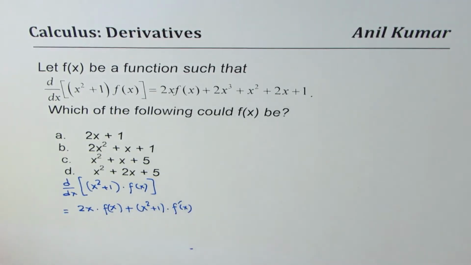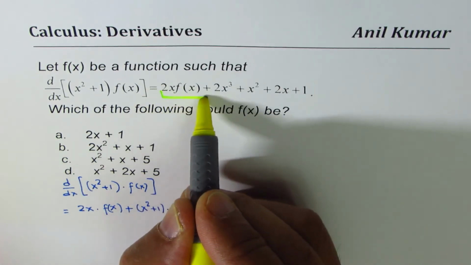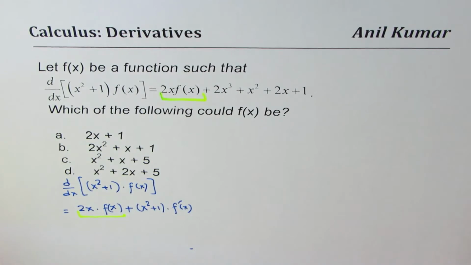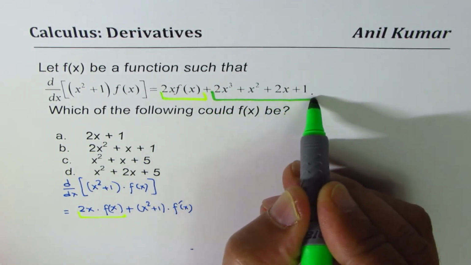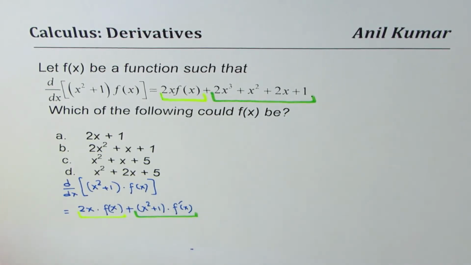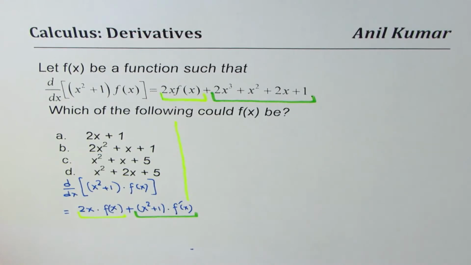Now if you compare what we have here, the first part is the same. The second part, which is this, should be equal to (x squared plus 1) times the derivative of the function. That should help us find the solution. That's the whole idea and strategy.